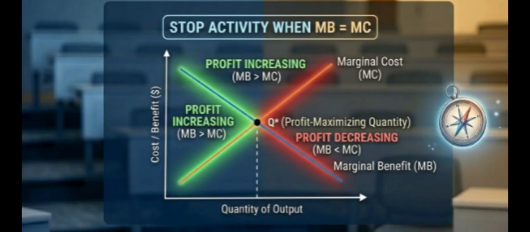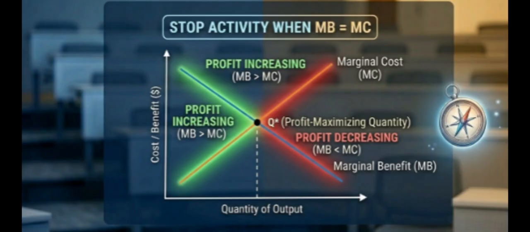We have now introduced a powerful tool used by managers that is called marginal analysis. Marginal analysis compares the marginal benefit, or MB, the additional benefit of taking an action, with the marginal cost, also called MC, which is the additional cost associated with that action.